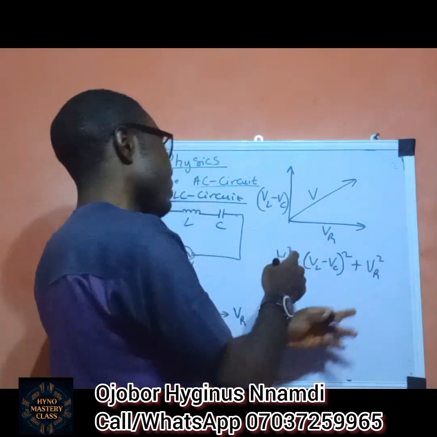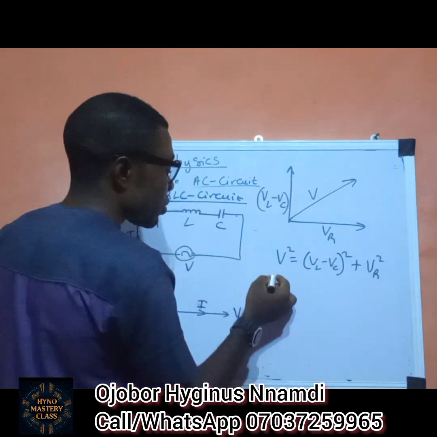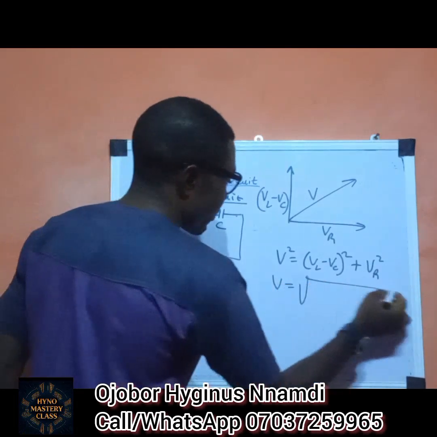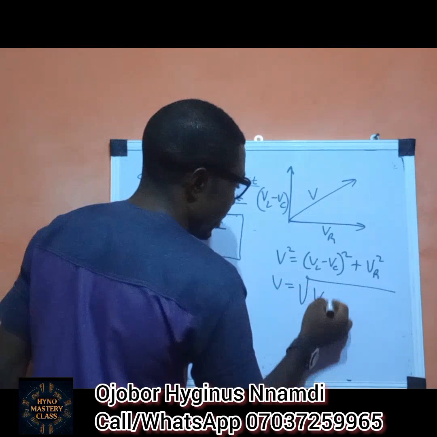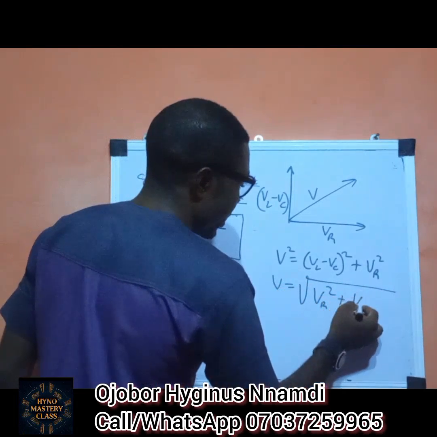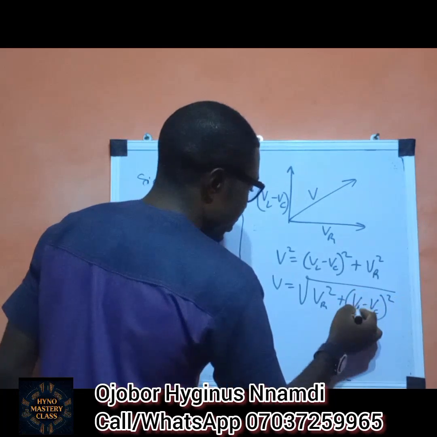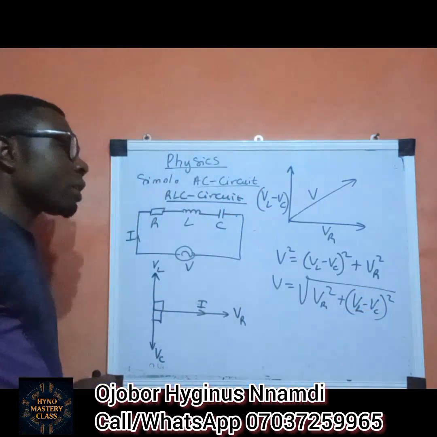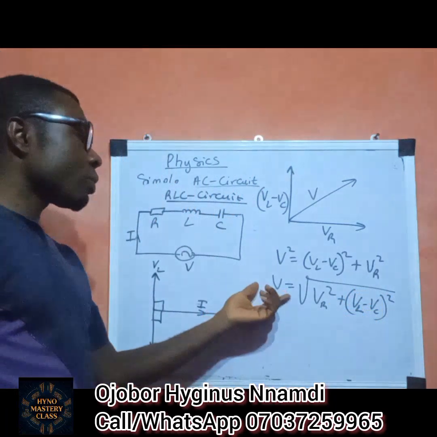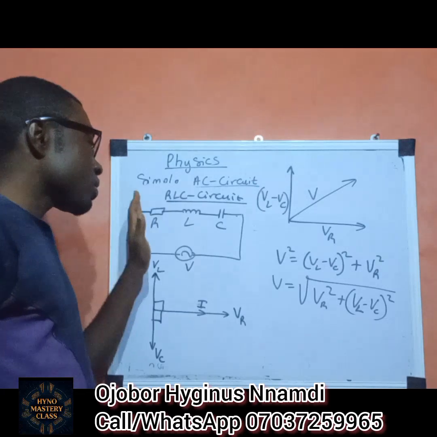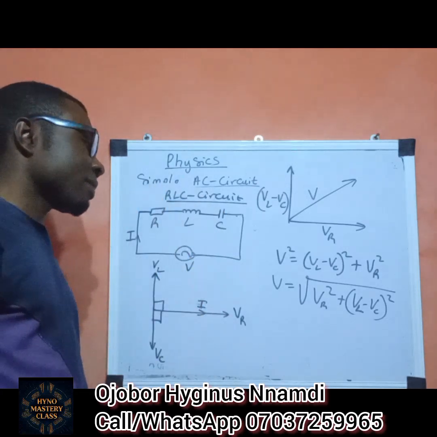You can write VR first before this, anyhow you want to do it. So V is equal to the square root of VR squared plus VL minus VC squared. Okay, this formula is what we will use to determine the resultant voltage that flows through a resistor, an inductor, and a capacitor in series.